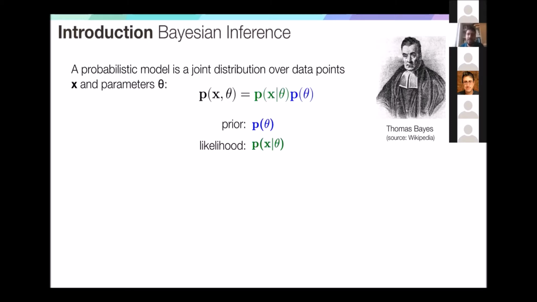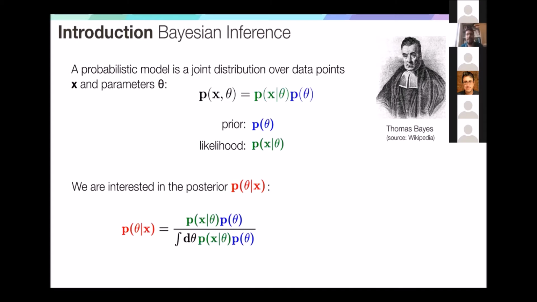Those could be, for example, low-dimensional explanations of the data that you observe. And usually the joint distribution P of x comma theta factors into a likelihood, P of x given theta, in other words the probability of the data given these latent variables or parameters, times P of theta, which is a prior distribution, expressing your prior belief over the values theta can take, maybe constraining them into a subspace of your parameter space.